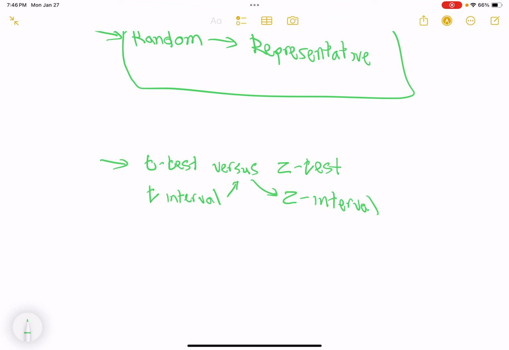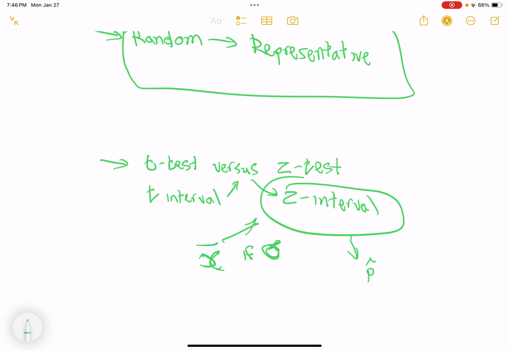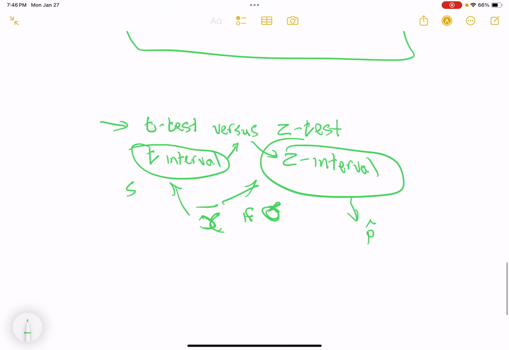And of course, the determining factor is as follows. We do a z-interval for proportions, always. And for means, we do a z-interval if and only if we have the true population standard deviation. If not, we do a t-interval where we use the standard deviation of a single sample. But know that, live it, and love it.